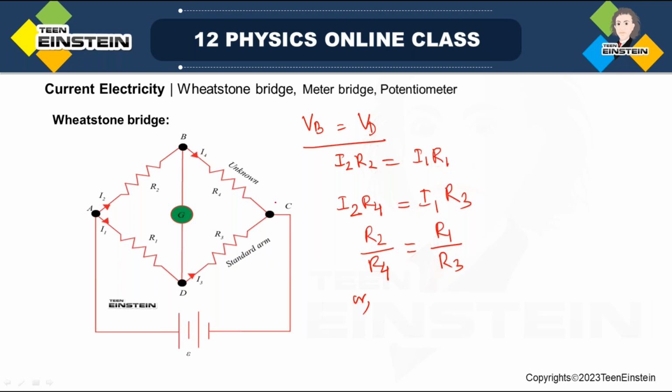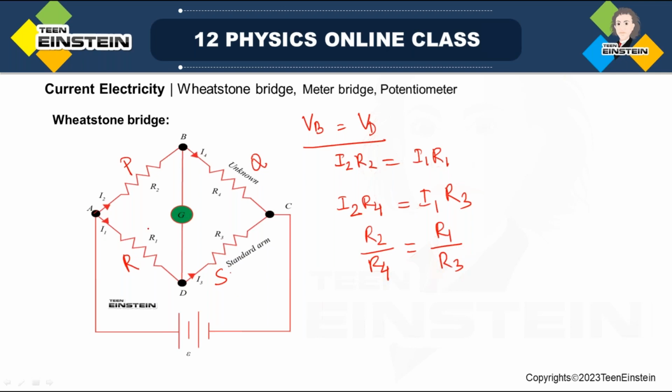In other words, I have to find out R4, right? One more point, let me tell you. In many books you may see the AB branch called P, resistance P. Then the AD branch is called R. The BC branch is called Q, which is the unknown resistance. And the DC branch is called S, the standard resistance, which is known, which I know.